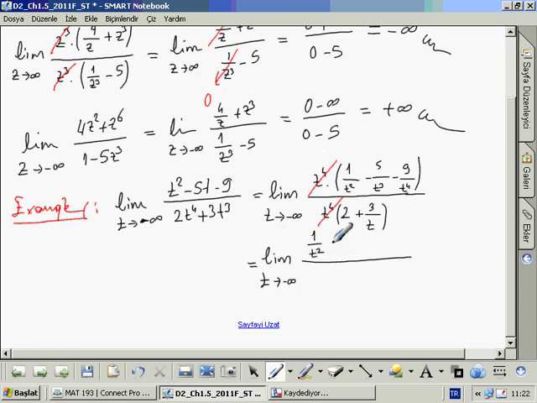We have 1 over t squared minus 5 over t cubed minus 9 over t to the power of 4, over 2 plus 3 over t.